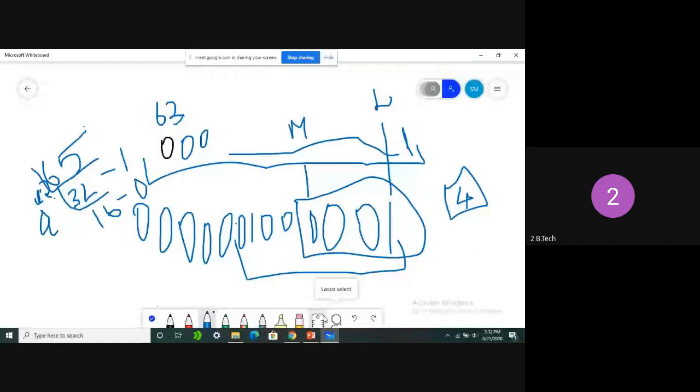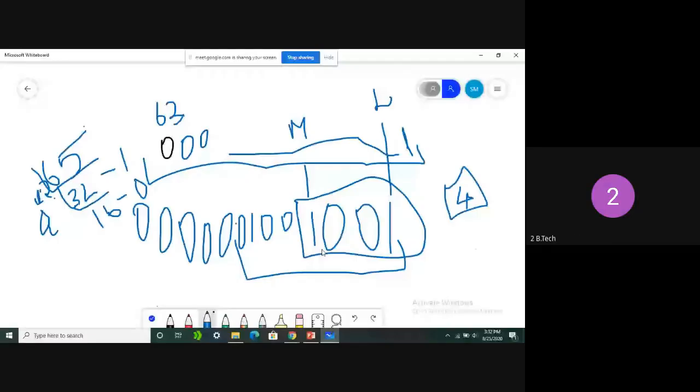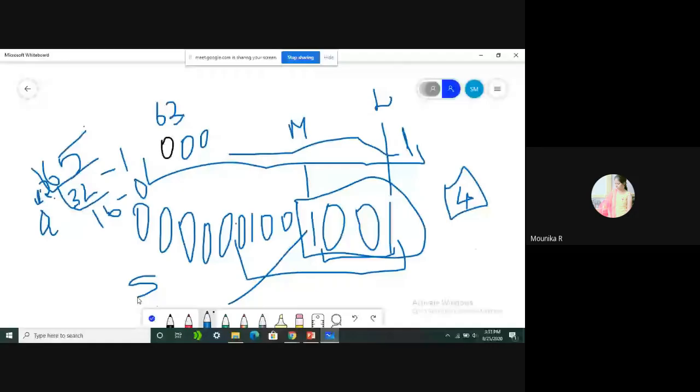See here, we can consider this example only. Just replace with 1 here, and consider these 3 bits. Forget about the last one, this is the sign. This MSB bit is also called the sign bit.